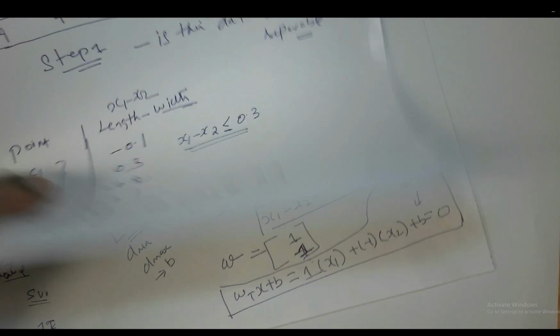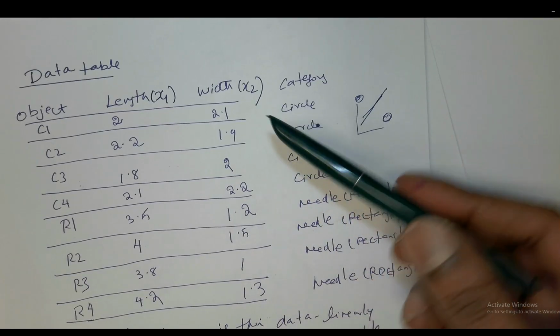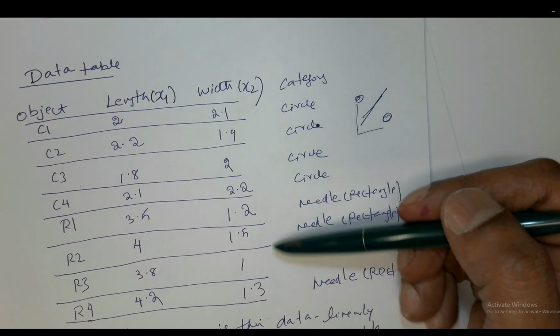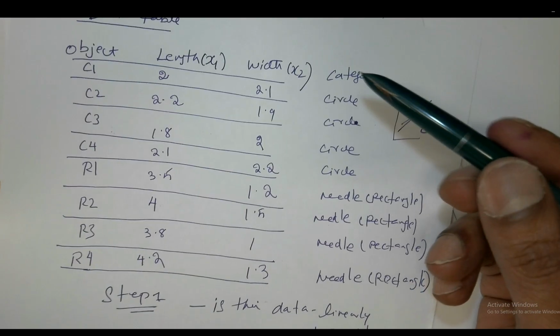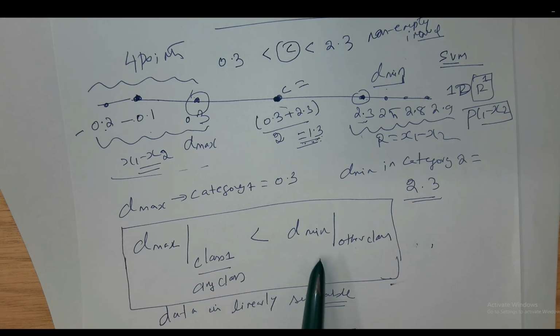So what we did is we just took length minus width, and from there we tried to calculate d max and d min for each of these categories, and then we showed that this data is linearly separable by showing that this condition exists for this data: d max of one class is less than the d min of the other class.